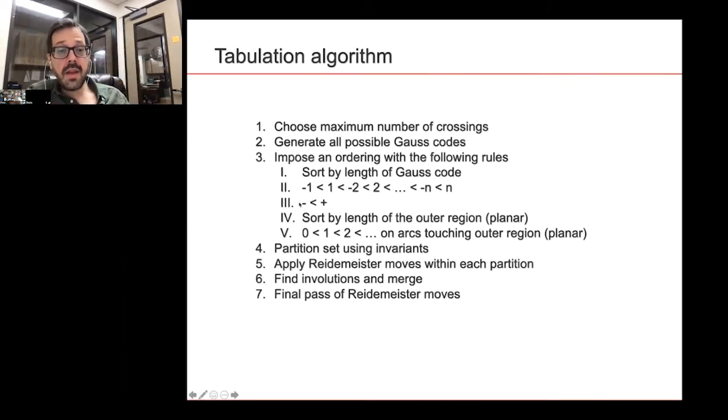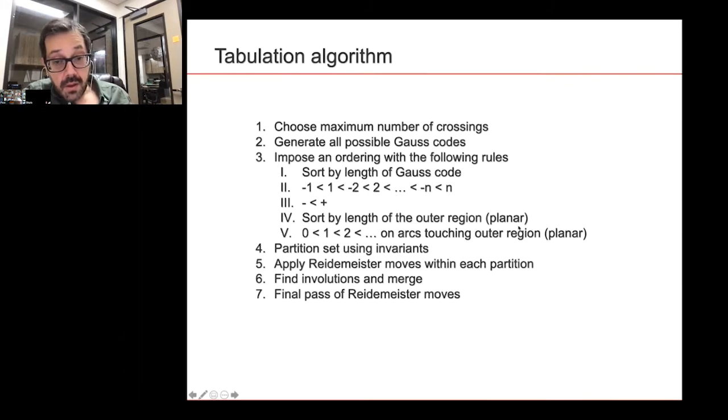And then I also give priority to minus parity over plus. So this is the order that we decided. It's not universal, it's just the convention that we used. Other people can decide on a different sorting as long as it is consistent throughout the tabulation.